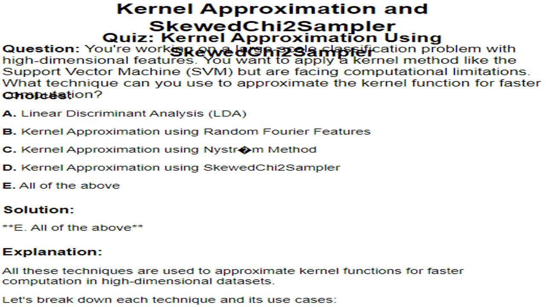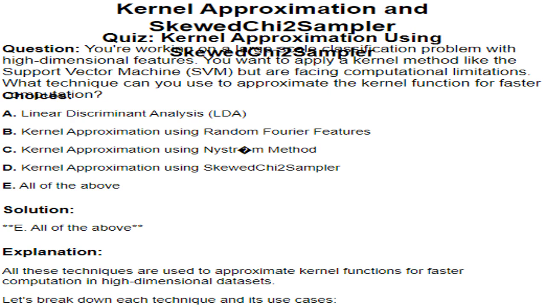Kernel methods. These methods aim to implicitly map data into higher dimensional feature spaces called kernel spaces using a kernel function. This allows for nonlinear decision boundaries in classification or regression. Examples include SVM and Gaussian processes.